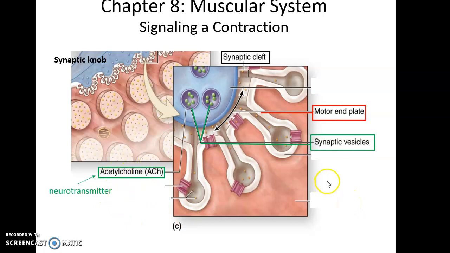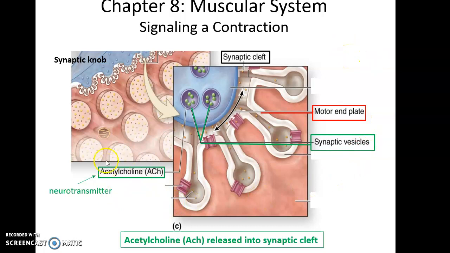Acetylcholine is a chemical that will help to signal for the muscle to contract. Then there's a space between the neuron and the motor end plate, and that space is called the synaptic cleft. After the space, of course, is the motor end plate of the skeletal muscle cell.